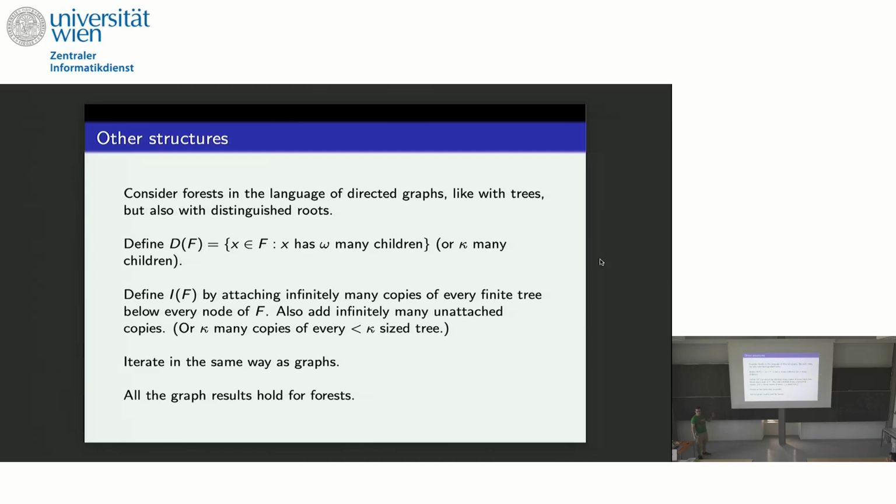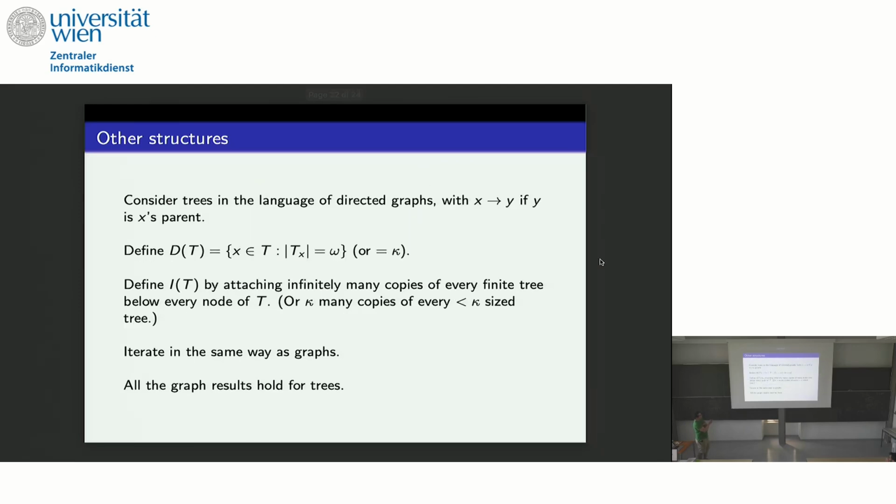Here, keep the things which have a large number of children, throw away the things which have a small number of children. Because if I do children for trees, that's not a downward closed set, so the derivative won't be a tree. If I'm doing trees, I want the derivative to be a tree.